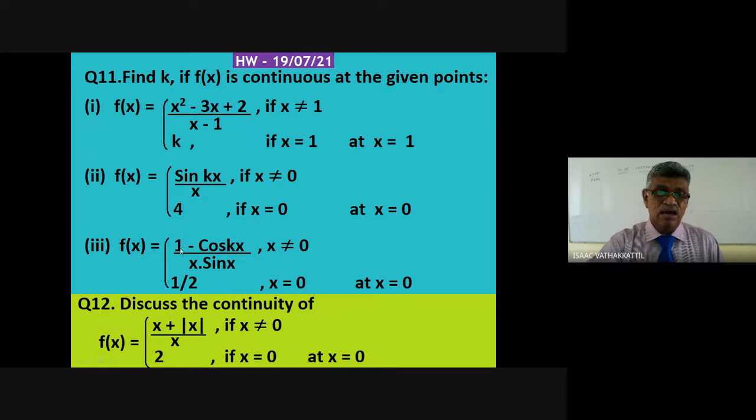Third: 1 minus cos kx by x sin x when x is not equal to 0, and 1 by 2 when x equal to 0, at x equal to 0. Fourth: discuss continuity of f(x) equal to x plus mod x upon x when x is not equal to 0, and 2 if x equal to 0, at x equal to 0.